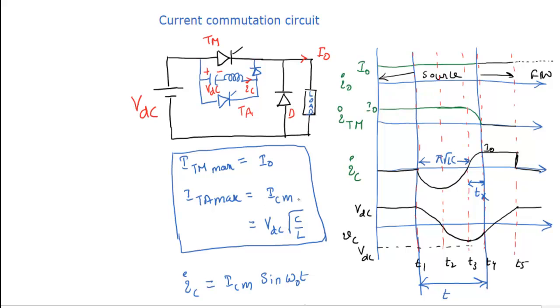If it is not more than I naught, then obviously you can't turn off the conducting thyristor. That's because some current is always flowing through the main thyristor, and in that case it won't be turned off. So that's the meaning of that. The condition is that the tank circuit should be selected such that the maximum current flowing through the tank circuit must be more than the load current.